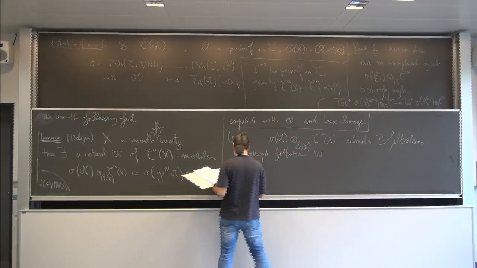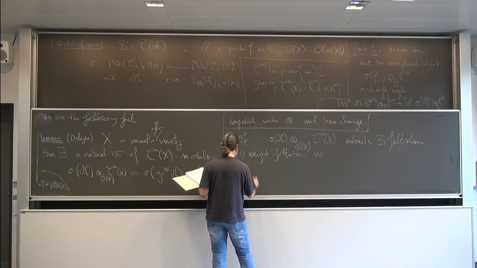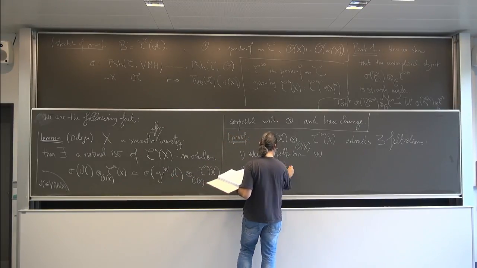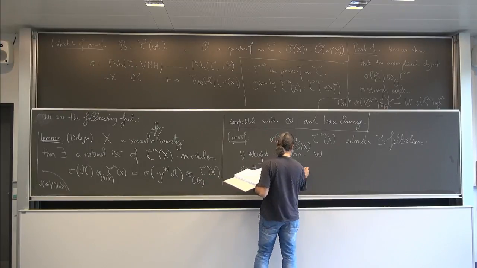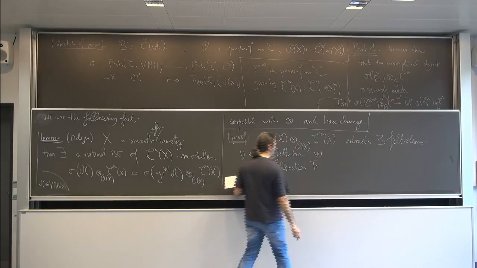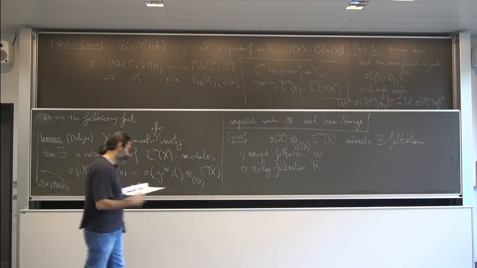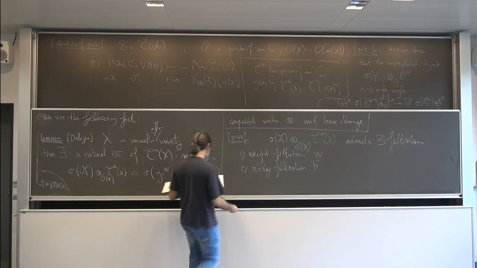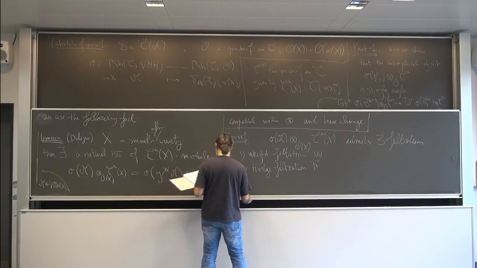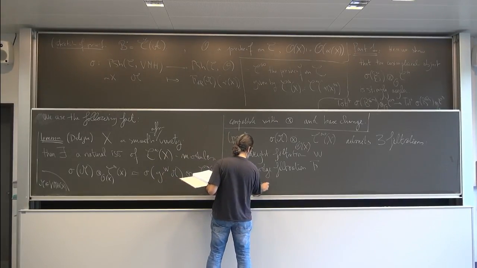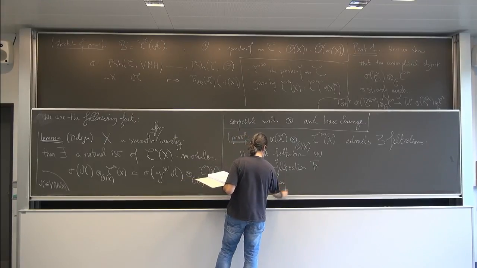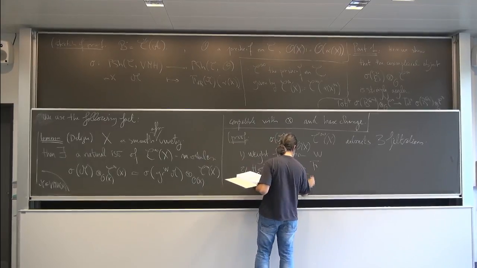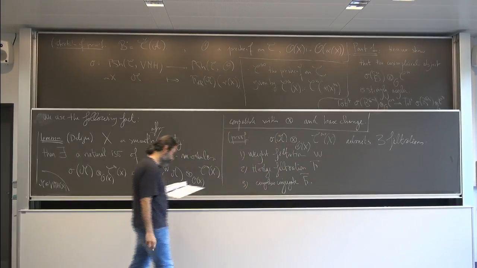W. There is the Hodge filtration F. So these are part of the data of a variation of mixed Hodge structure, and then there is the complex conjugate of F, which is F bar.